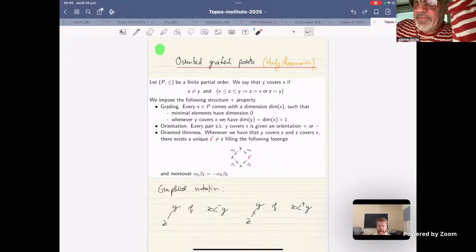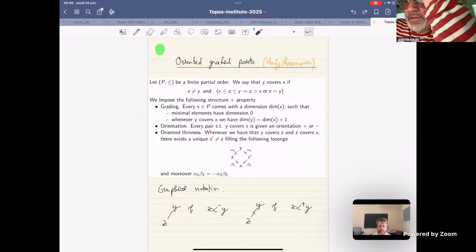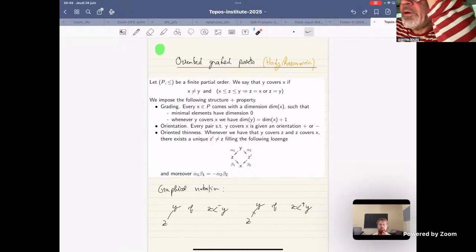And then we have this magical axiom, which I learned from Amar Hadzihasanovic in his works on diagrammatic sets. This nice property of partial orders with orientation is called oriented thinness.